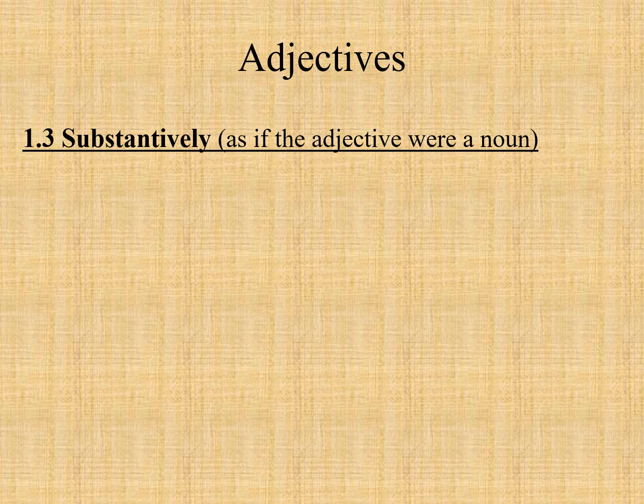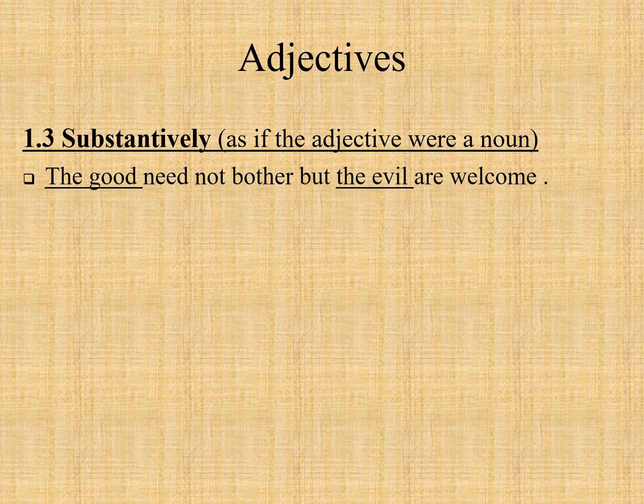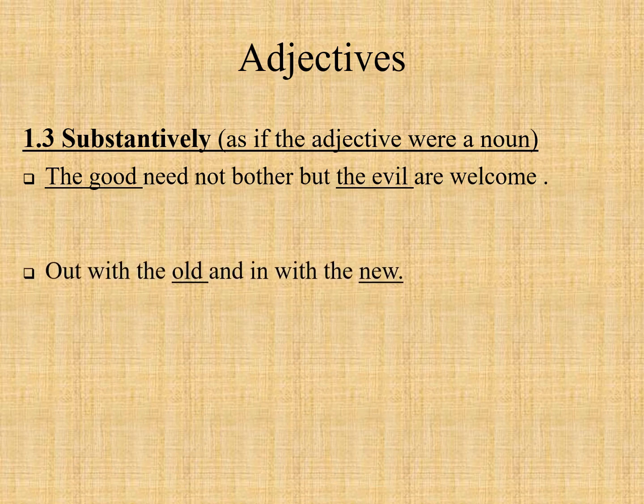Adjectives can also be used substantively, as if the adjective were a noun. Here's an example: The good need not bother, but the evil are welcome. Notice that the underlined words are adjectives, as we would usually recognize that good and evil are adjectives, but since they're attached to a definite article, they are used substantively as if they were nouns.